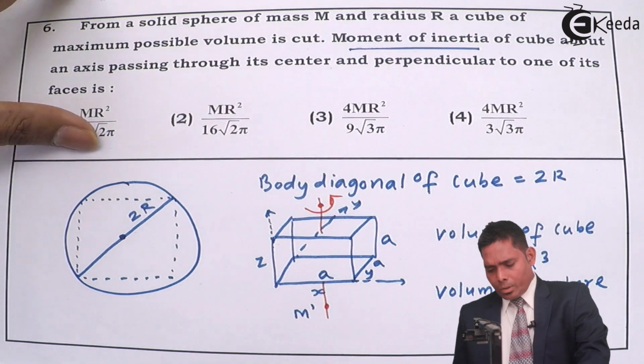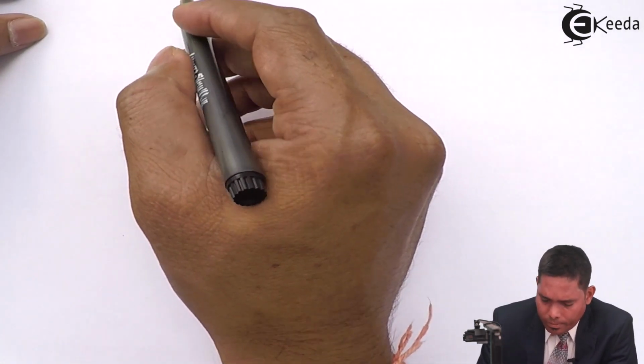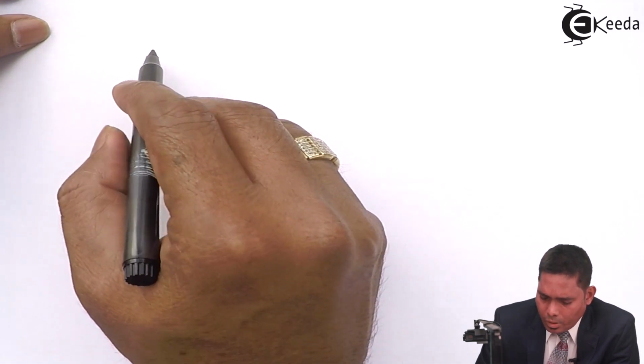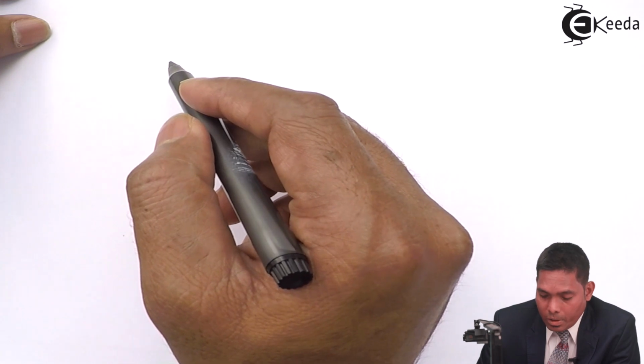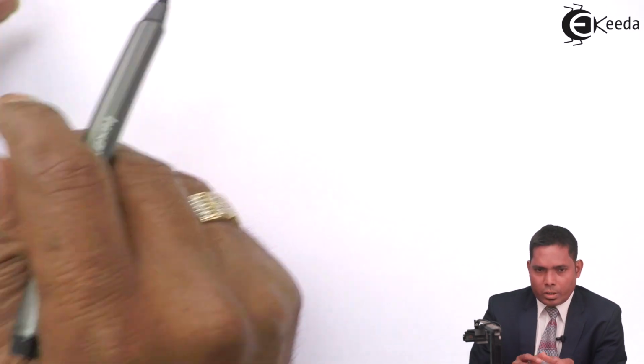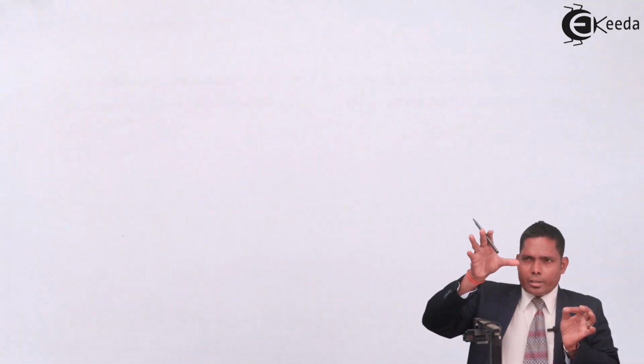Now you can see that in case of a cube, I have to find this diagonal distance, which is 2r. But how to find the diagonal distance in terms of this side a?